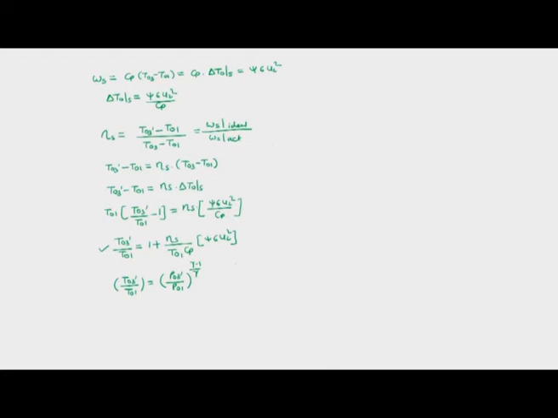So we have 1 plus stage efficiency into psi sigma U2 square divided by (T01 into Cp), and this is equal to (P03 upon P01) raised to gamma minus 1 upon gamma. This is the stage pressure ratio, Rp stage. This is what we had to find out, and this is what we were interested in.